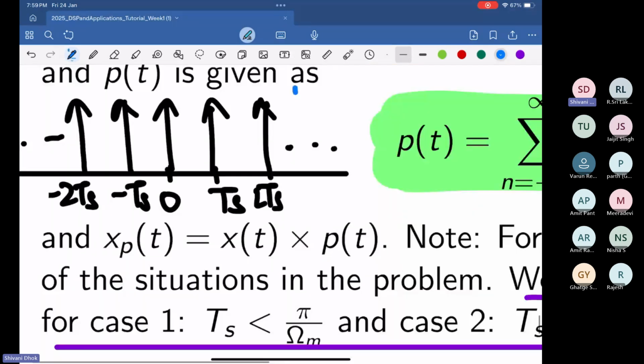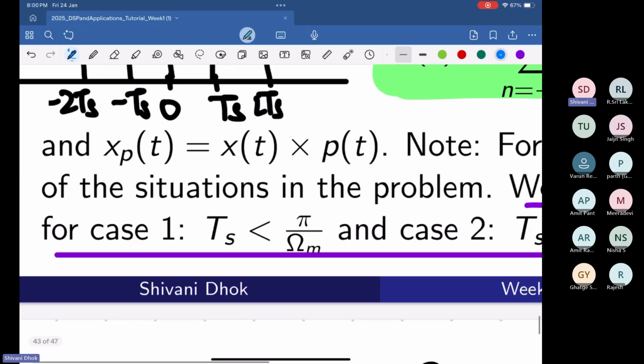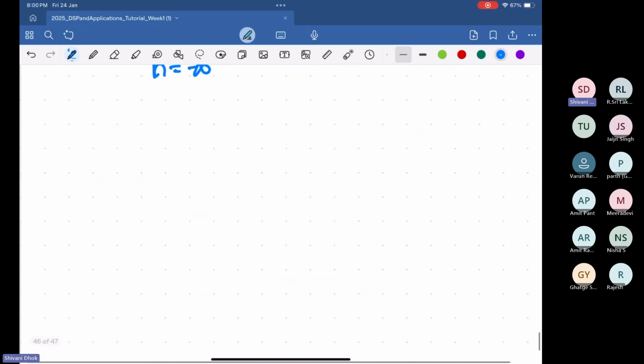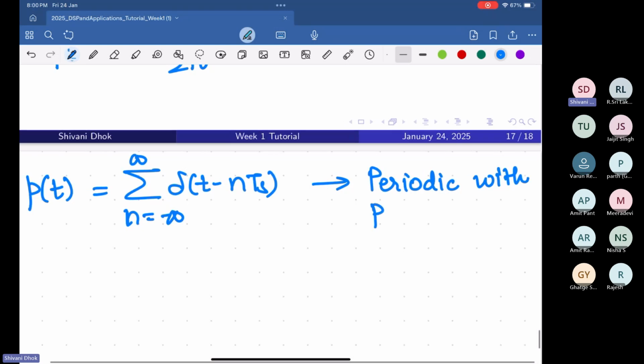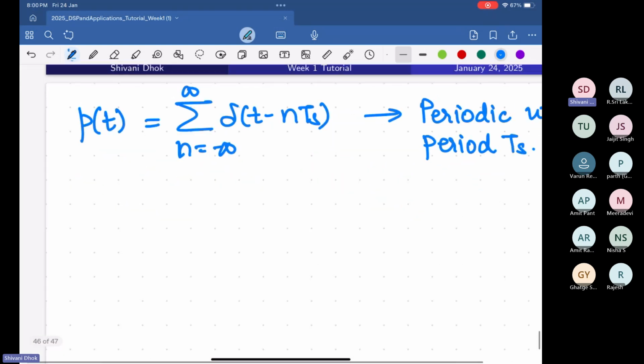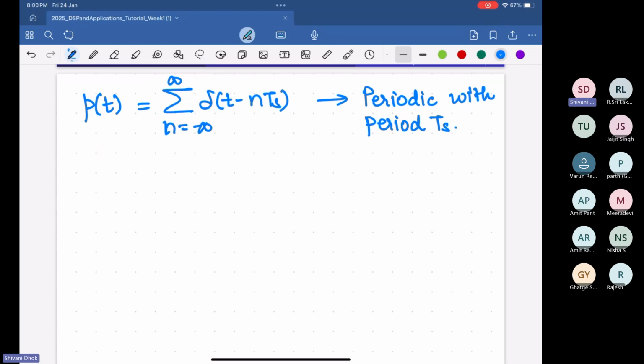This is our P of t. So this is a periodic signal with period Ts. Okay, so this particular signal is periodic with period Ts.